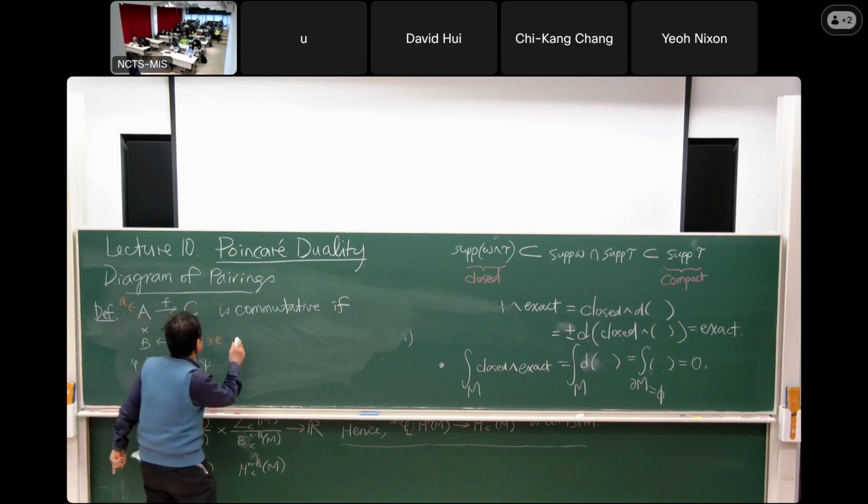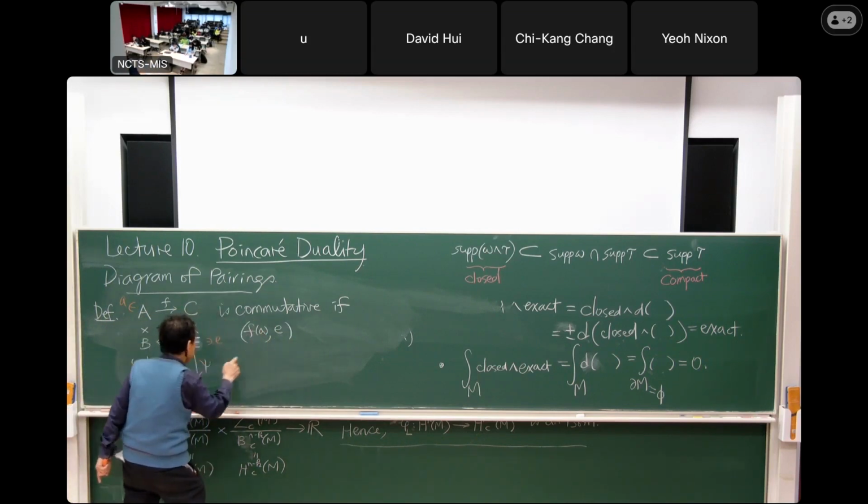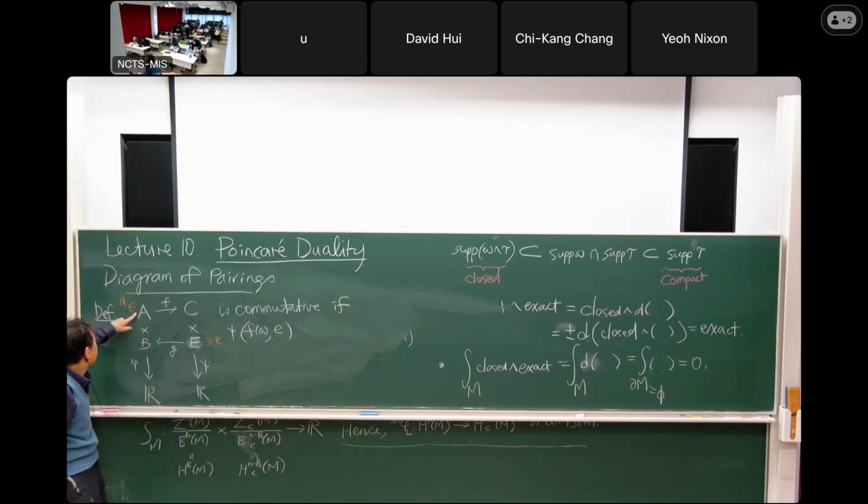So you can take f of a, pair it with e using psi, and you get a real number.